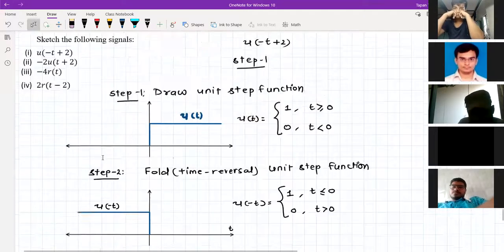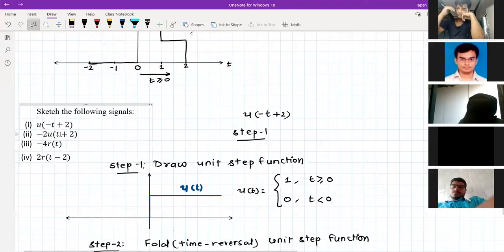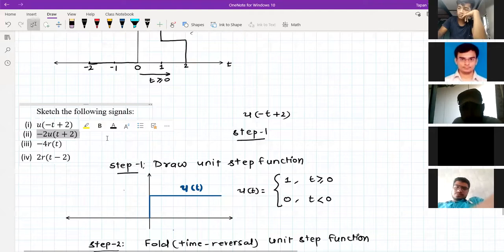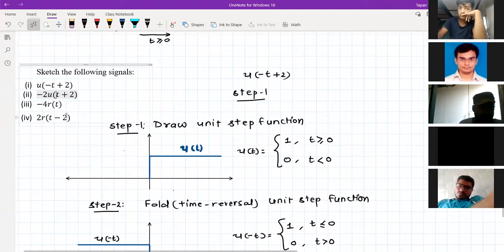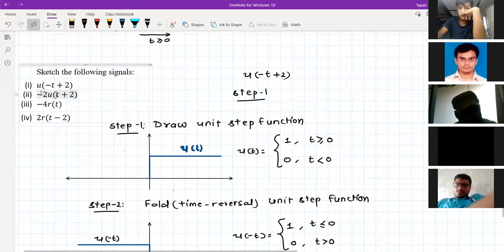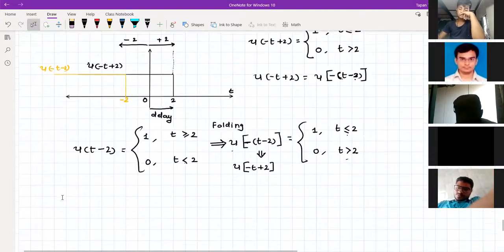Now the next one, minus 2 of u of t plus 2. So first of all, draw u of t. I will start from the second step. You are supposed to draw minus 2 of u of t plus 2.